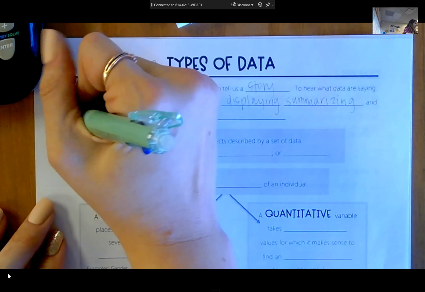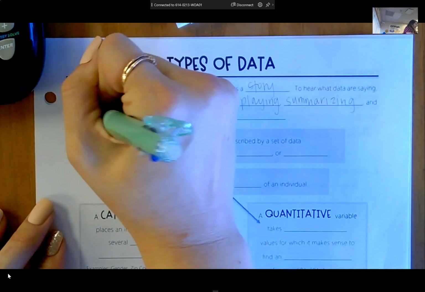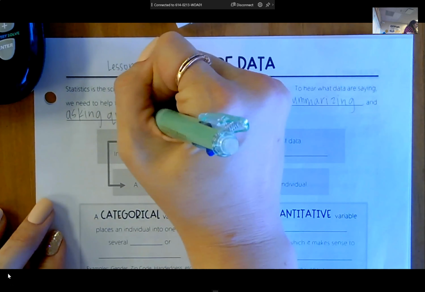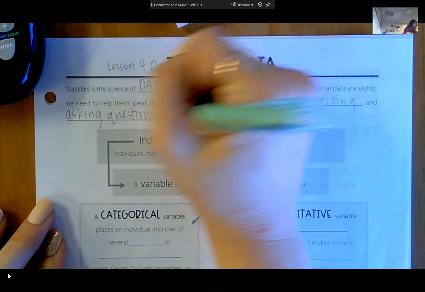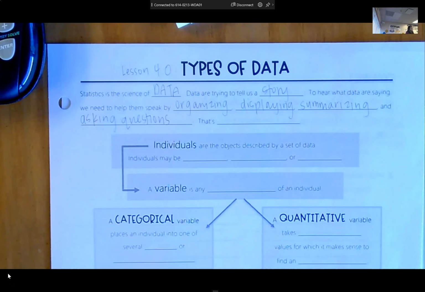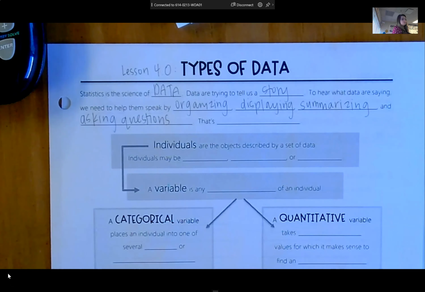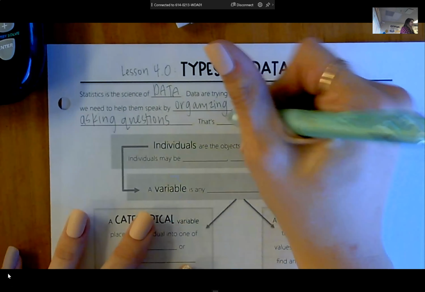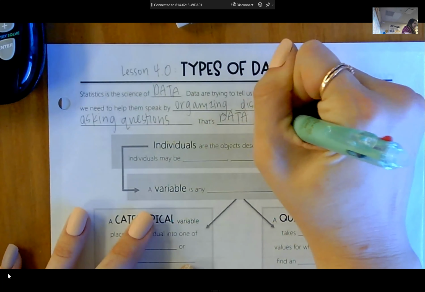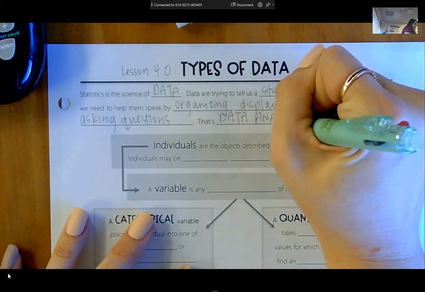After summarizing is asking questions. So we organize, display. We should probably ask the questions and then summarize, but that's data analysis. That is what most statisticians spend their time doing.